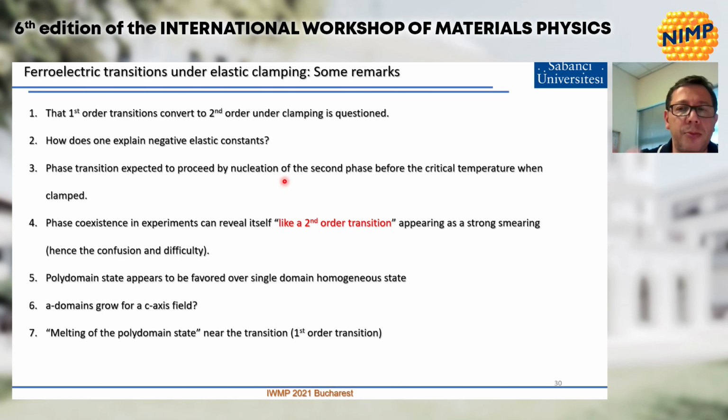When I say critical temperature, I'm talking about the second order temperature here. By the way, this phase coexistence can still reveal itself like a second order transition. I've shown that the polydomain state appears to be favored over single domain states. This is still something that I'm questioning, and this is ongoing work.